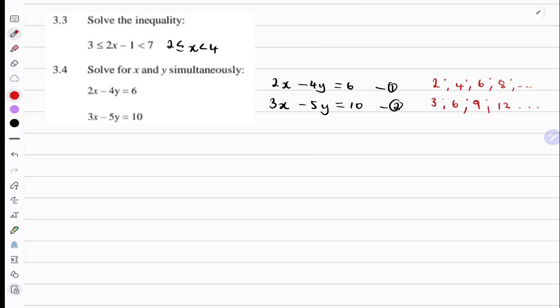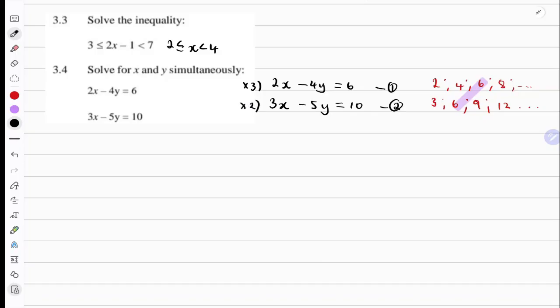So you can see already we have the lowest common multiple to be 6. So to get 6 for the first equation, you need to multiply by 3. And to get 6 for the second equation, you need to multiply by 2.